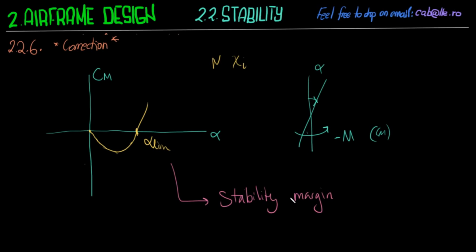So with stability margin, we could have literally a rocket with 3 calibers, but with a combination of a body and some wings, it can go unstable at a low angle of attack, like 8 degrees. This can happen even with a theoretically super stable rocket of 3 calibers.